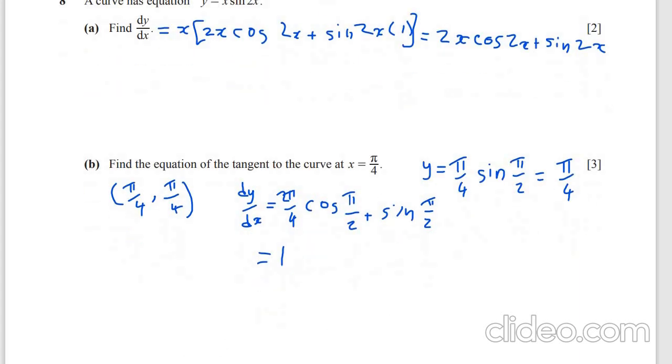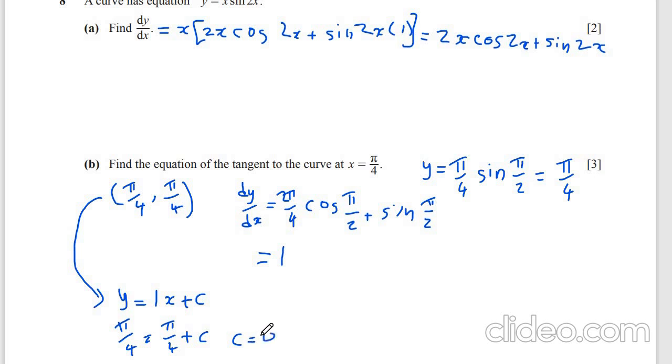So now the equation of the tangent is y equal to 1x plus c. And if we substitute these values into this equation, we're going to get c equal to 0. So the equation of the tangent will be y equal to mx plus 0, or y equal to x.